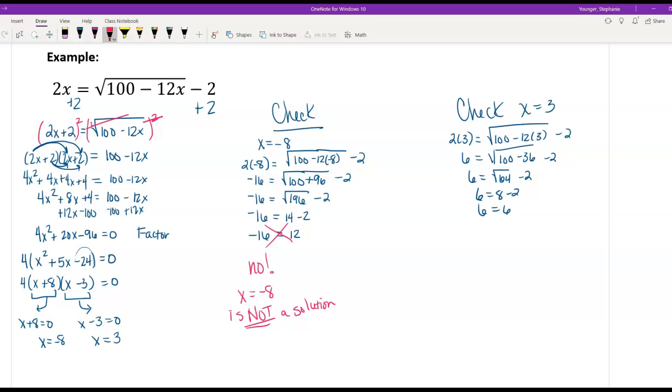Does 6 equal 6? Yes. x equals 3 is a solution. So you always need to make sure you're checking your work, especially with these radical equations.